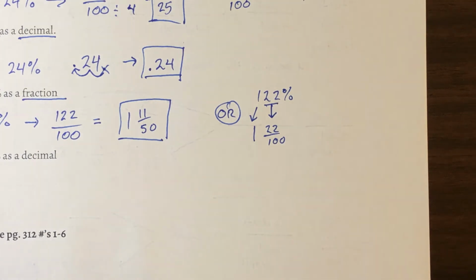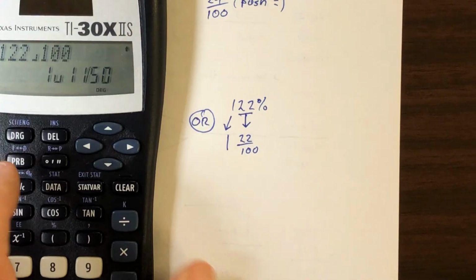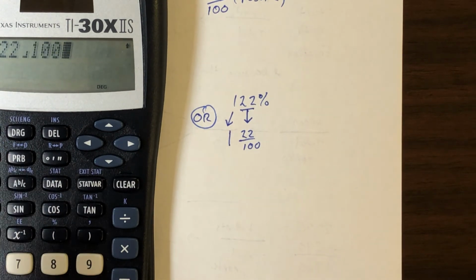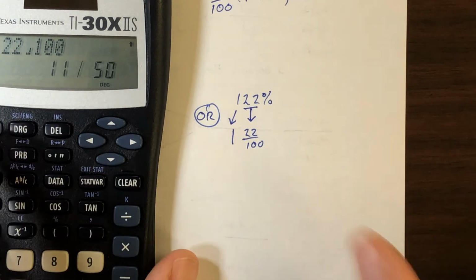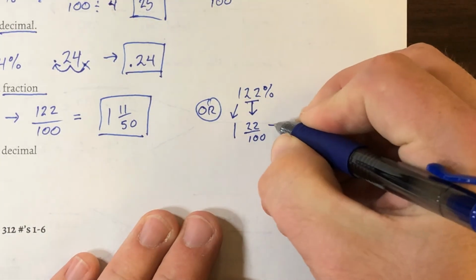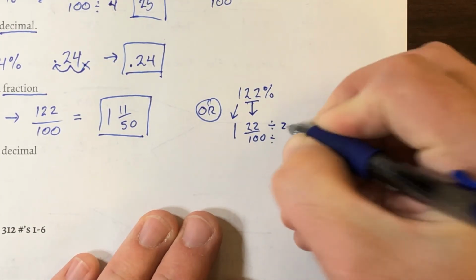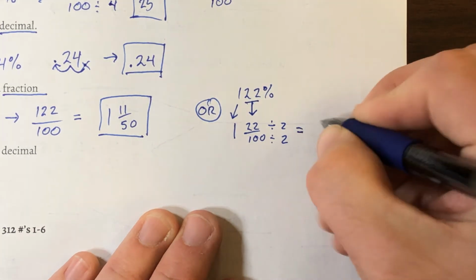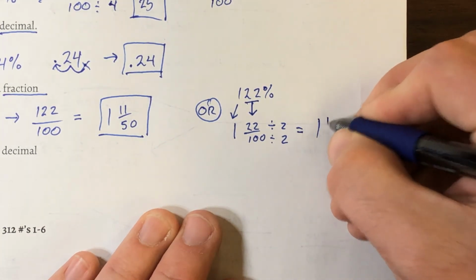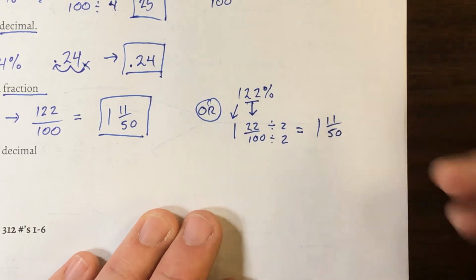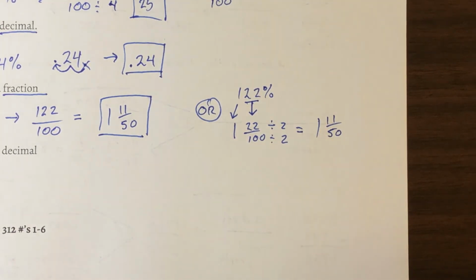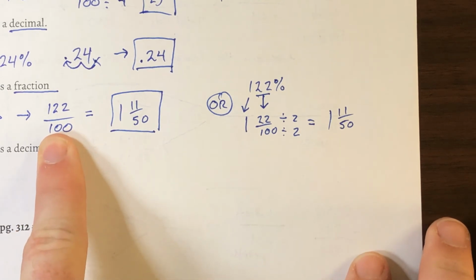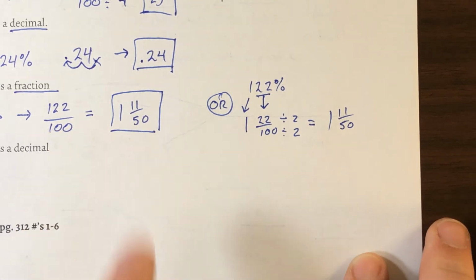Then I would simplify it. I can type in 22 100ths and simplify it that way. Or I could do it by hand. I know that 2 will divide into both 22 and 100, which becomes 1 and 11 out of 50. So multiple ways to do this. Again, primary rule always works the fastest. Place it over 100 and simplify.